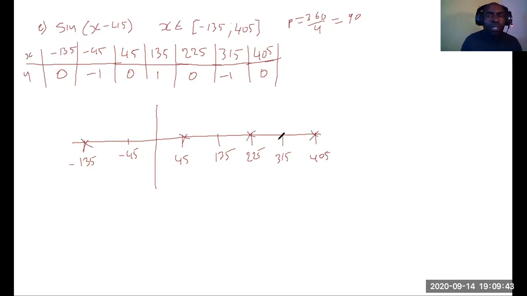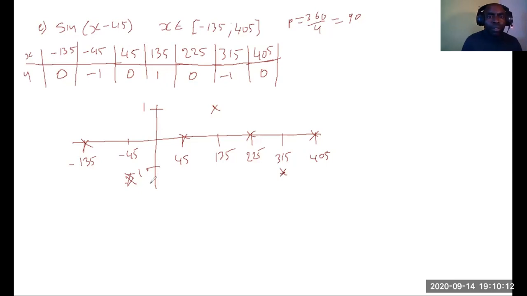Where is our maximum? At 135, here's a 1, here's a negative 1, 135, got the maximum there. Where do we have a minimum? Negative 45, minimum there, and also 315, we also have minimum there.